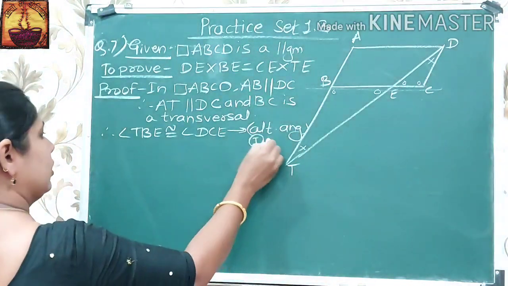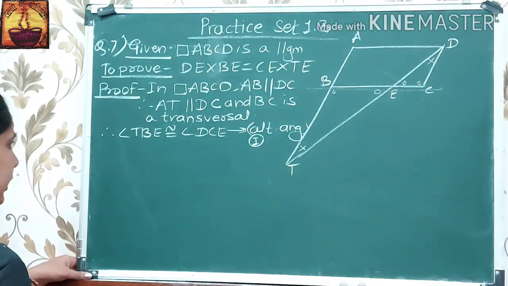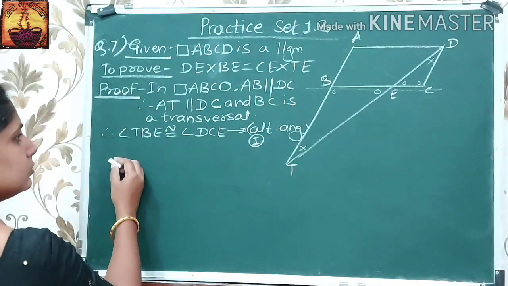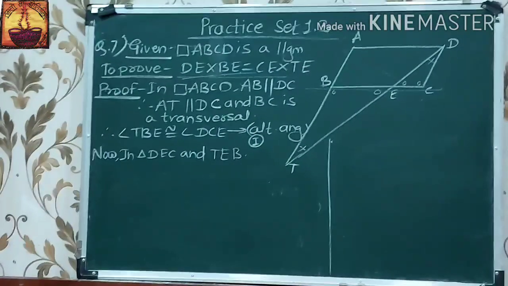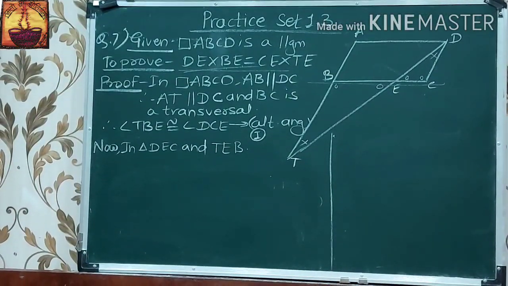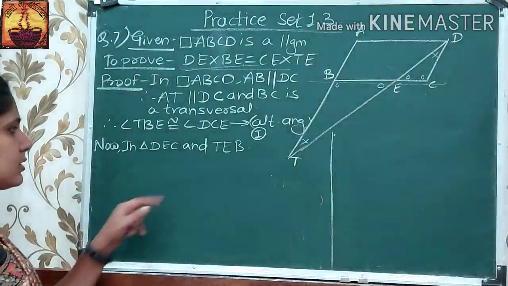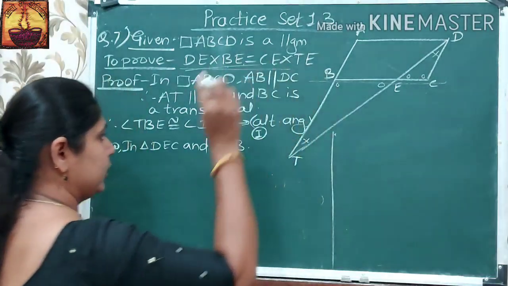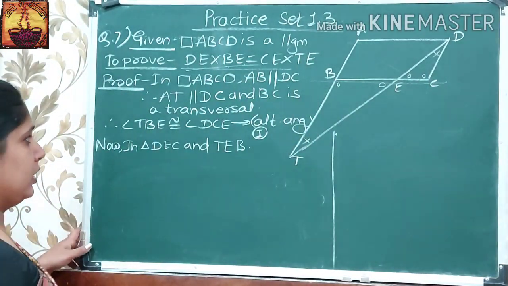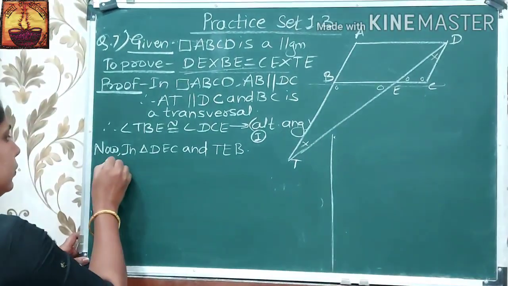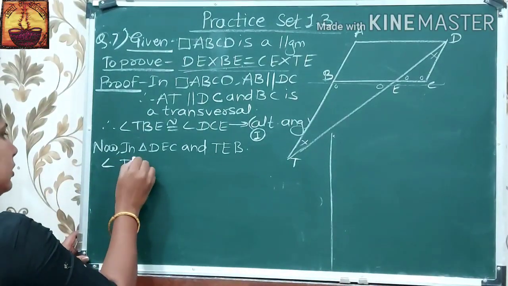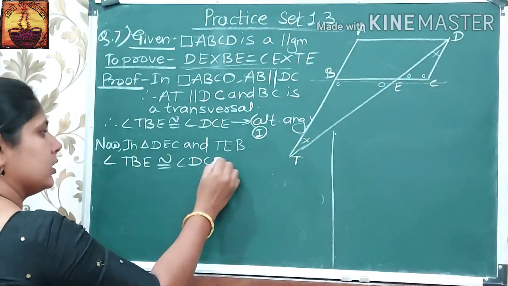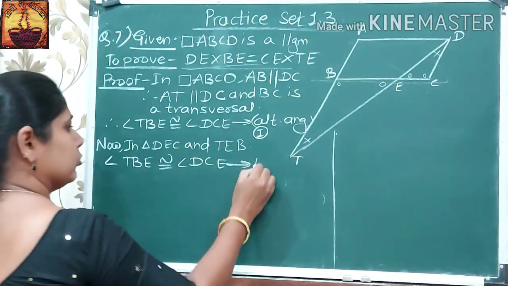Write it as number 1. And now in triangle DEC and TEB, first this angle is congruent, therefore angle TBE is congruent to angle DCE from 1.